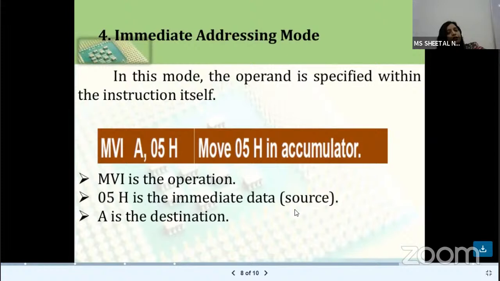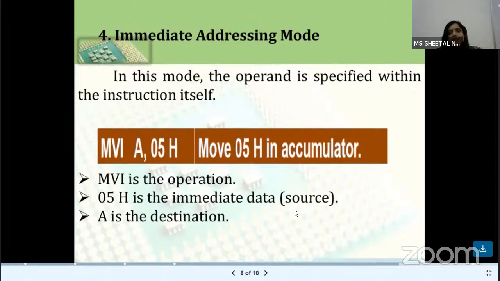This 05 means any hexadecimal number from 00 to FFH, which we can move immediately. What is the full form of MVI? MVI: move immediately 8-bit data into accumulator.